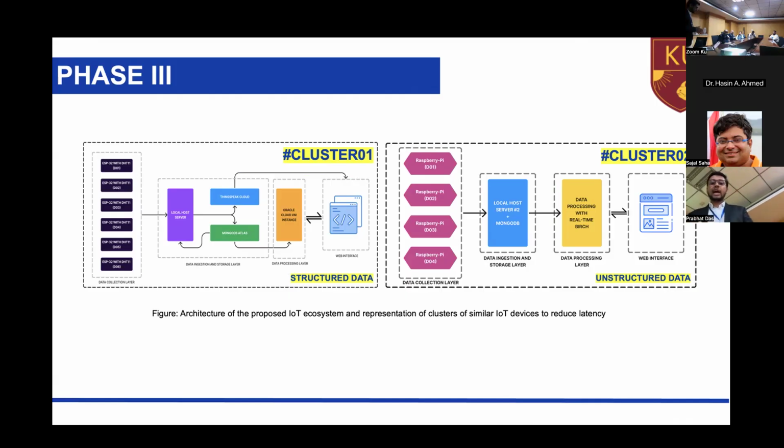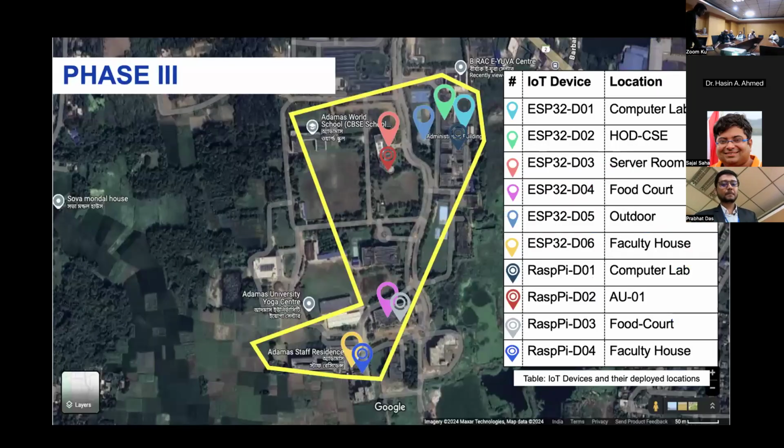Towards the left-hand side, we have the cluster of devices designed to collect the structured data, and towards the right-hand side, we have the cluster of devices designed to collect the unstructured data. This is the entire geographical location of the devices that were deployed, from ESP32 devices to Raspberry Pis, in various locations, starting from the computer lab to the server room, food court, outdoors, as well as faculty houses.